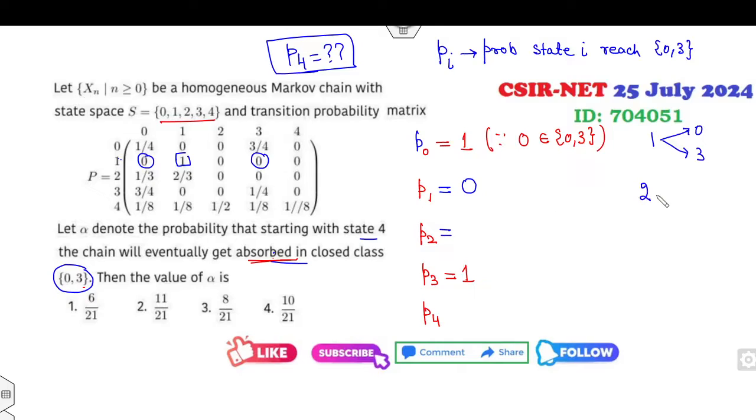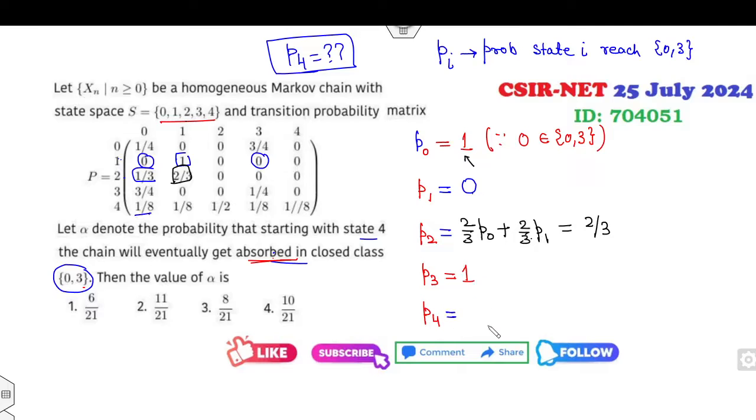Is it possible you can go from 2 to either 0 or 3? Yes, I can go from 2 to 0. So I can write this probability as 2 over 3 into P0 plus 2 over 3 into P1. Fine. Now what is the answer of this? Clearly, P0 is 1, P1 is 0, so P2 will be 2 over 3. P3 is already 1.